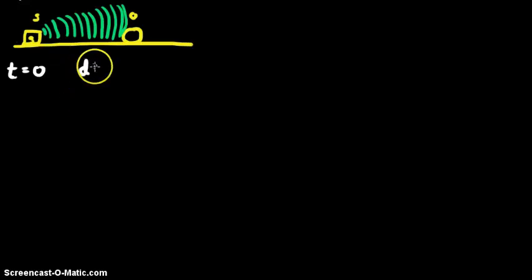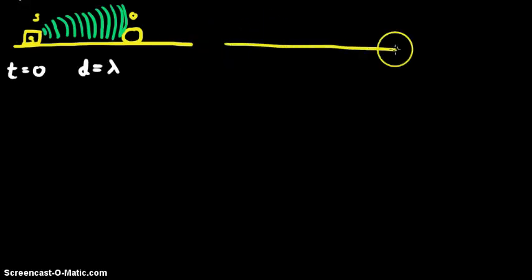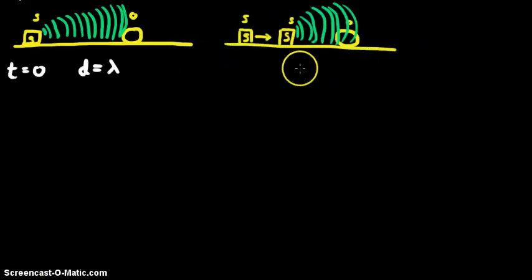Then d equals lambda. Our initial wavelength is lambda, but if we take the second case, previously the source was here and now it's moved there.